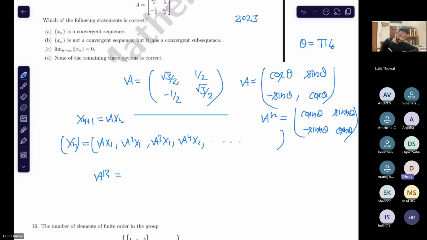So 6 is also there. Okay, 6 will also work? What do you think? When you give the power 6, what happens?